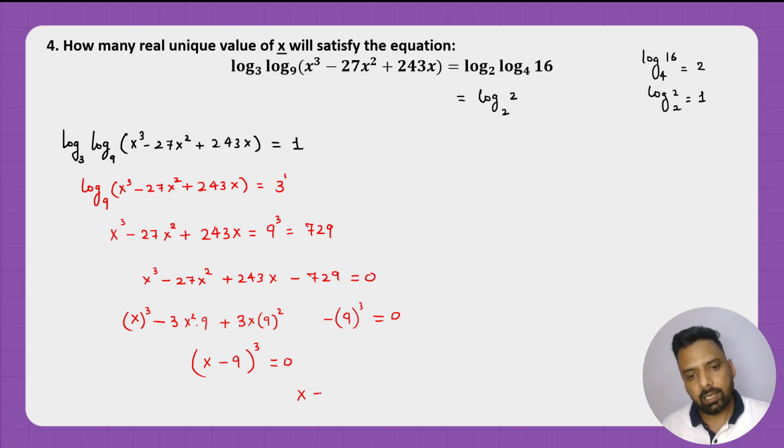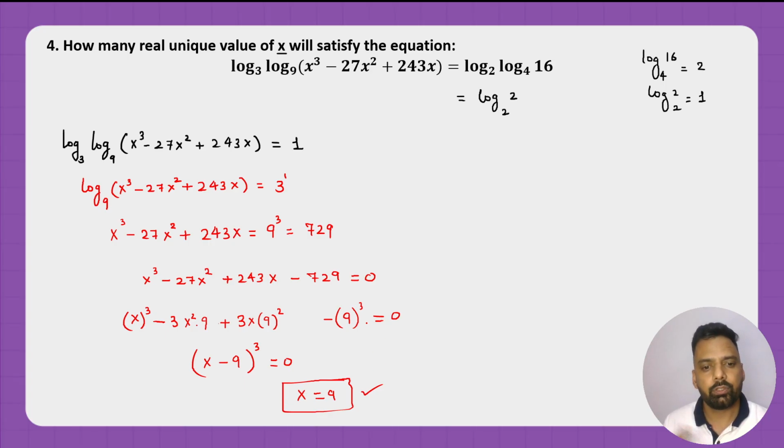So x has to be 9, right? So the only unique value that I am getting is x equal to 9 here, right? So I hope the idea is clear. The answer for this question has to be 9. Only one real value, that is 9.